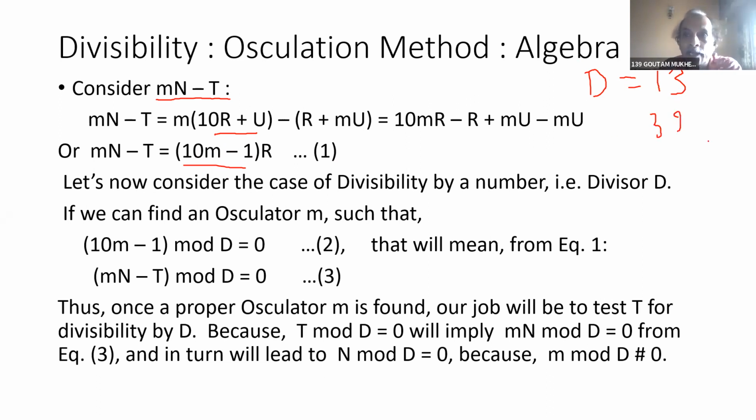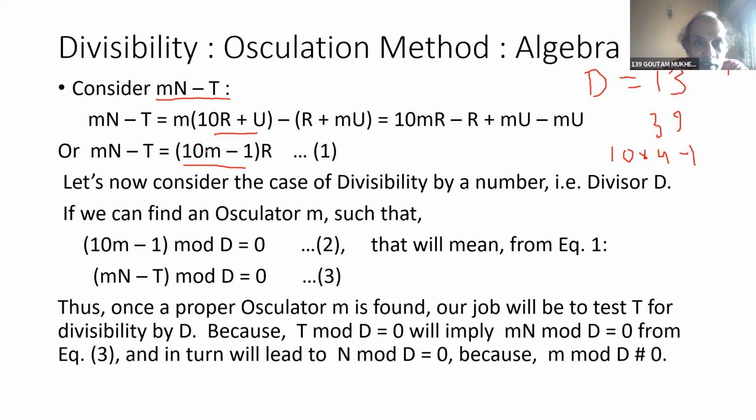So my aim is this number multiplied, not 13 into 3, 39 doesn't matter. This 39 is 10 into 4 minus 1. So the oscillator for 13 is 4. 4 is the oscillator for divisor 13. This is the idea.